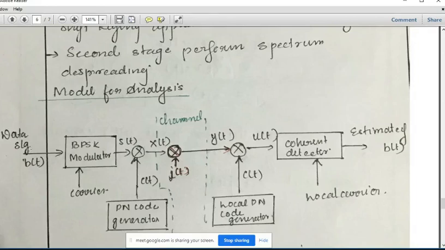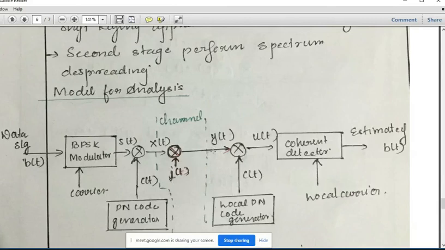So the data signal b of t is given first to a BPSK modulator supplied by a carrier, and the output of this BPSK modulator is S of t. This S of t is multiplied with a PN signal C of t, and the output is X of t. So we are interchanging the operations for this analysis. This X of t is passed through a channel that has an interference J of t, and the output of the channel is Y of t.